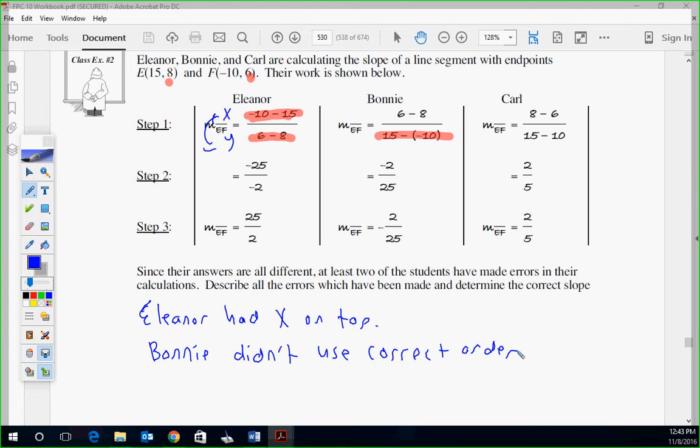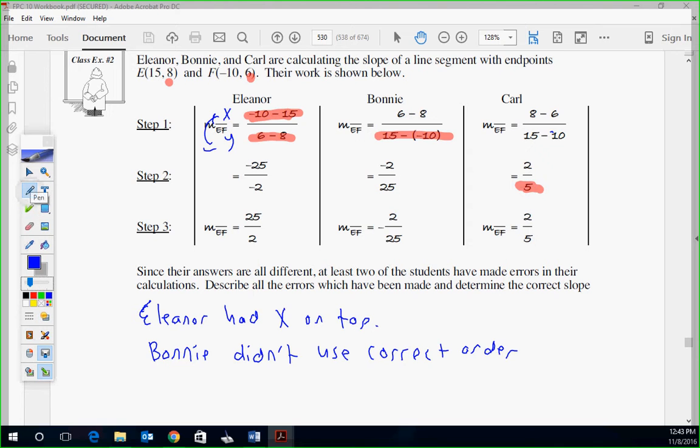And 8 minus 6. Okay, so Carl also messed up. Where'd he mess up? So he has the y's on top. Good. He has the order right, but he has one thing wrong. Yeah, Jose? Oh, the negative. It's the minus a minus, right? So we have to have a minus here, which makes it plus. So this is wrong.